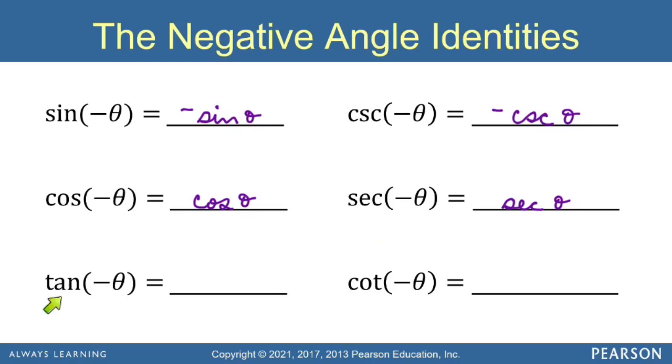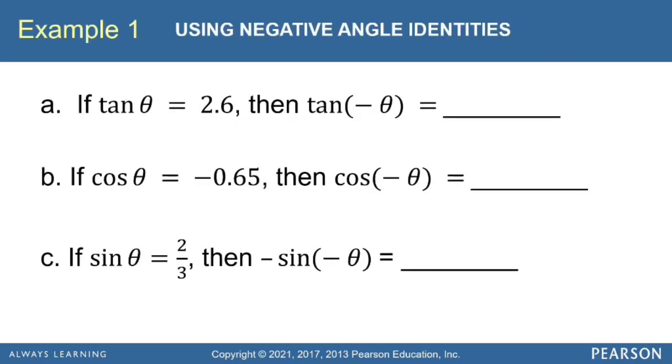Now how will tangent and cotangent behave? They behave like the sine function. The tangent of negative theta is equal to the opposite of the tangent of positive theta, and the cotangent of negative theta is equal to the opposite of the cotangent of positive theta. Now let's practice with that a little bit in example 1.